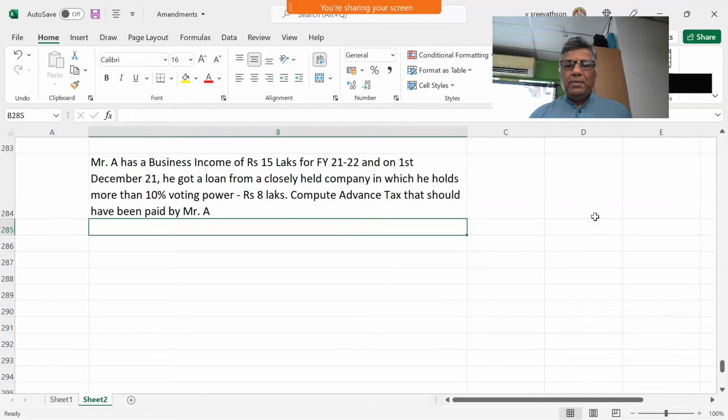He has a business income of 15 lakhs. Can you quickly write down the question also? The amendment heading is amendment under 234C.